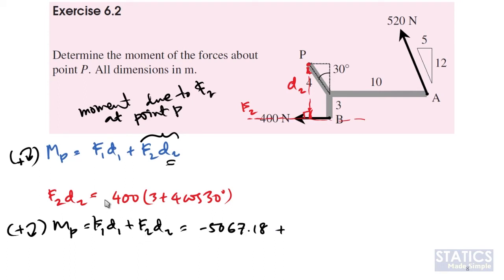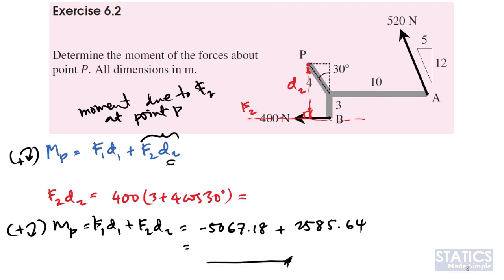And F2 times D2 will give us 258, 5.64. Positive.